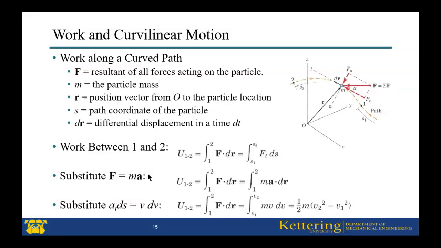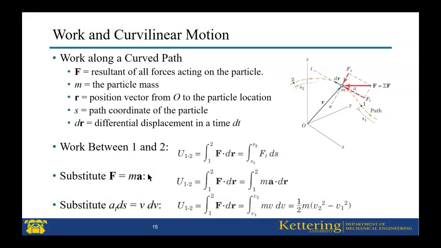The work done between state 1 and state 2 you can find as F dot dr, and this one also is equal to F_t ds. Instead of F, I will use ma from the equation of motion.